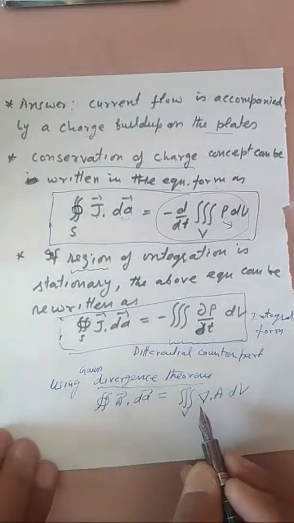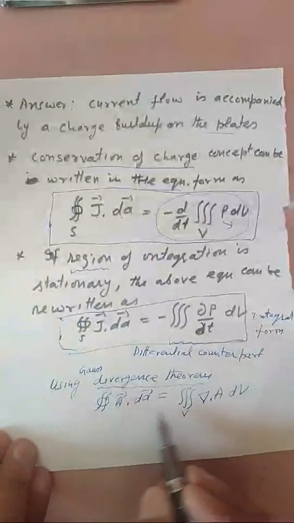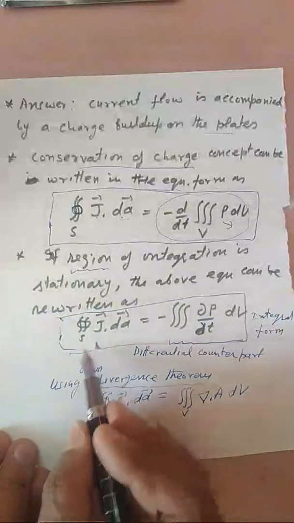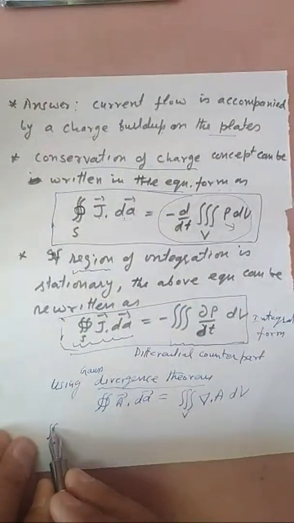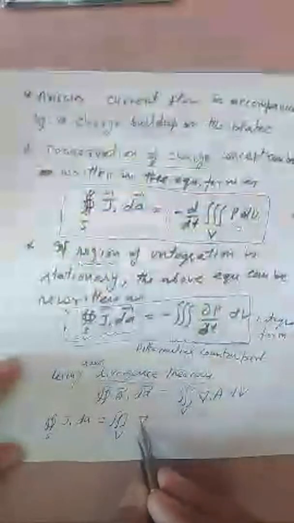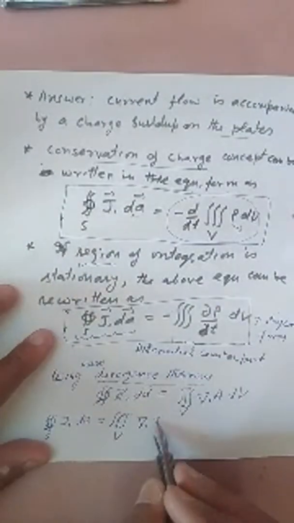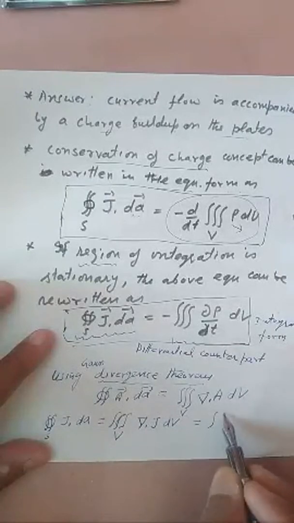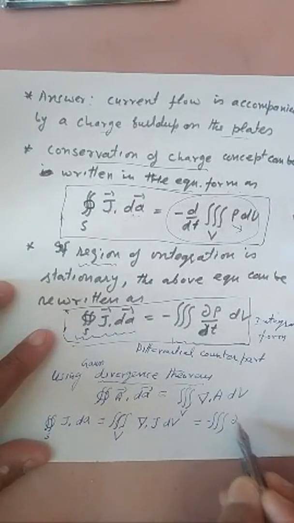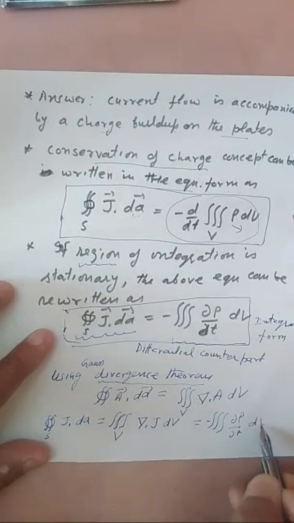If I use the Gauss divergence theorem instead of the left-hand term J dot dA, I can write this quantity as the volume integral of the divergence of J into dV, which is equal to the volume integral of minus curly rho by curly t into dV.